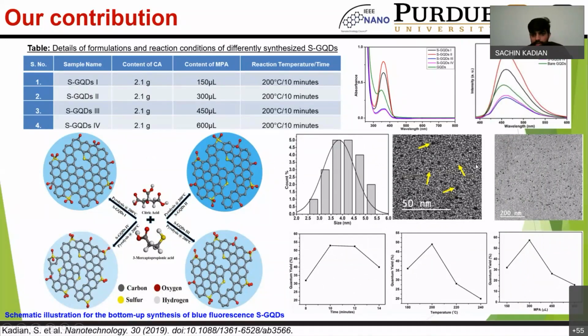Cutting the long story short, we characterized all these 4 types of SGQDs, and they were of 4 nanometer size. And this is the quantum yield that we claimed: our synthesized SGQDs showed almost 57% quantum yield, which was very high as compared to the GQDs.